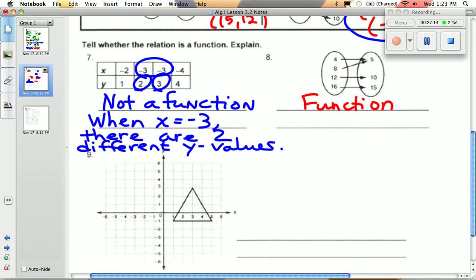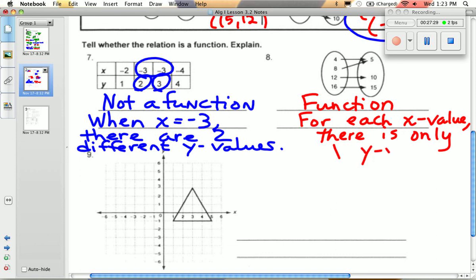So we could say it's a function because for each x value, there is only one y value. And a really quick way to tell that is you look and you see, are the x's ever repeated? And they're not. So if they're not ever repeated, they can't have more than one y value, can they?